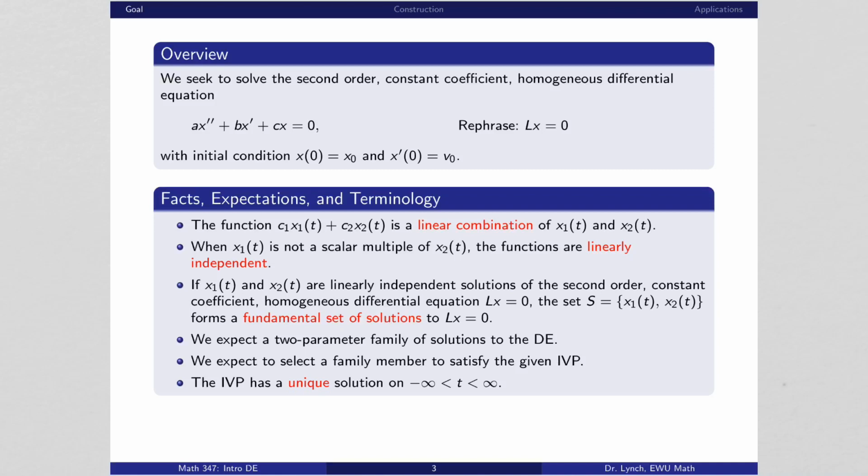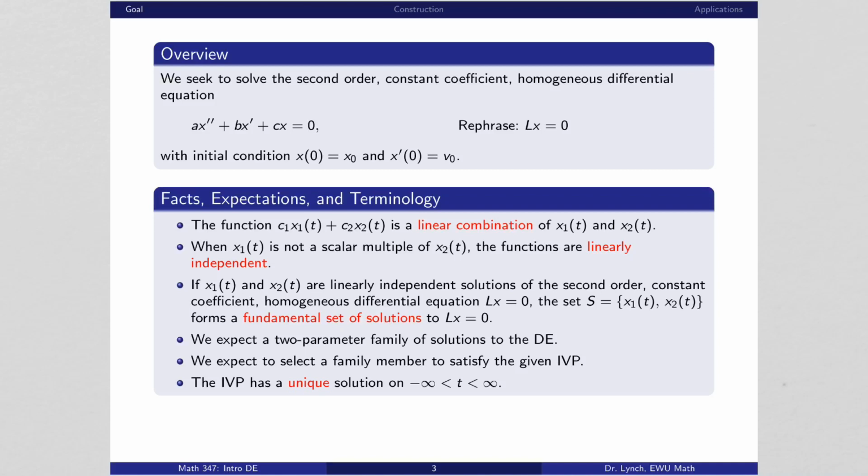When x1 is not a scalar multiple of x2, the functions are linearly independent. And if x1 and x2 are linearly independent solutions of a differential equation Lx = 0, then the set {x1, x2} is called a fundamental set of solutions.